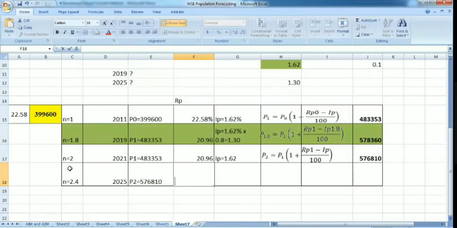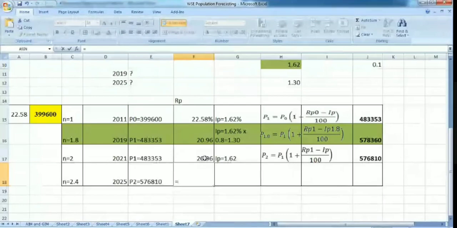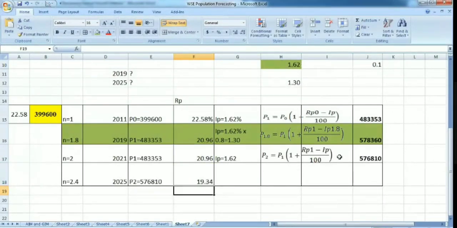Okay, what will be the IP value now? Sorry, RP value. This is equal to 19.34, the value I got, minus 1.62. What about the IP value now? It cannot be 3.8, it cannot increase more than 1.62%.